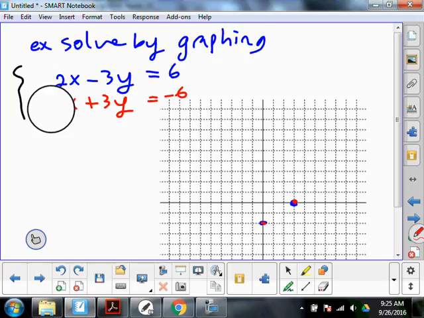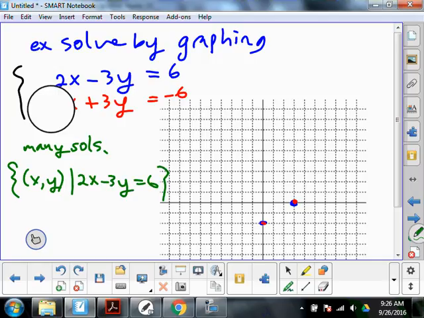In Algebra 1, we would have said there's many solutions, and that's good enough in Algebra 1. But the deal is our solution set is this. Our solution set is the set of all ordered pairs x's and y's such that they are points on that line given by that equation. So that's just saying the solution is all points on that line.